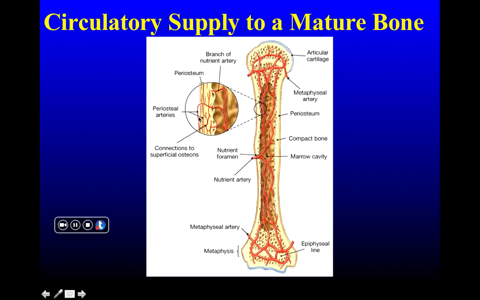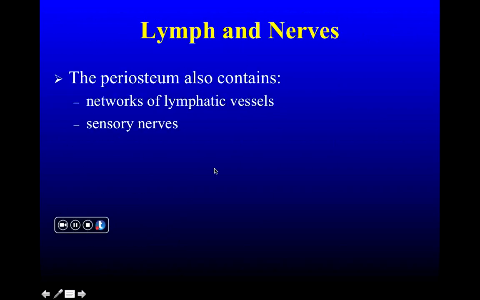That's the periosteal artery. So you've got three major sources of blood to a bone: the periosteal arteries, that's this one here and this one, the metaphyseal arteries, and the nutrient artery. Those are the three main sources of blood vessels in bone.